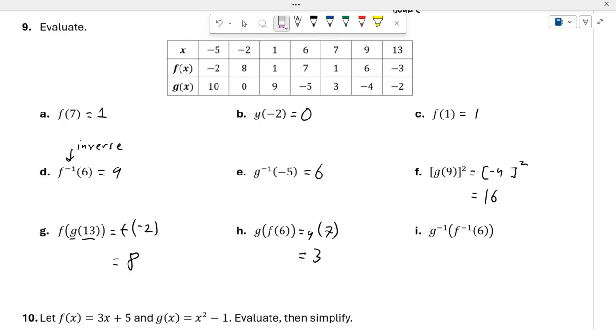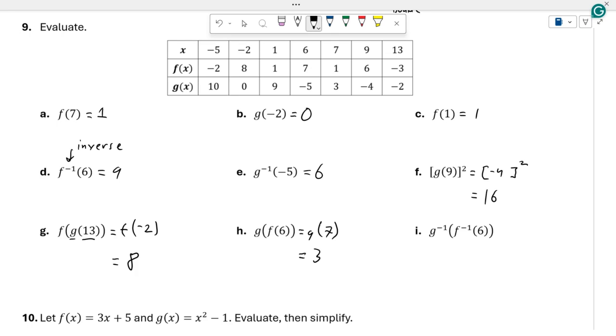Go ahead and erase this. All right, I. So I combines what you did with D and E with what you did with G and H. If you combine all of those ideas, you get I, and I guess we maybe could have cubed it, and that would have worked in F, but whatever.